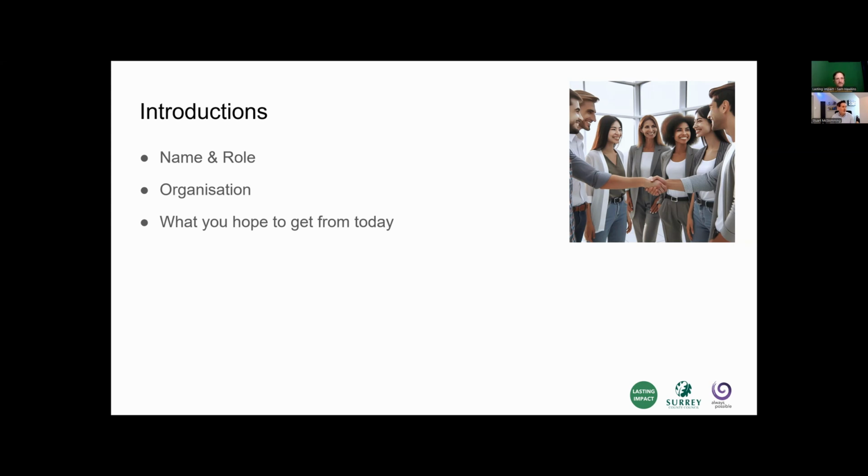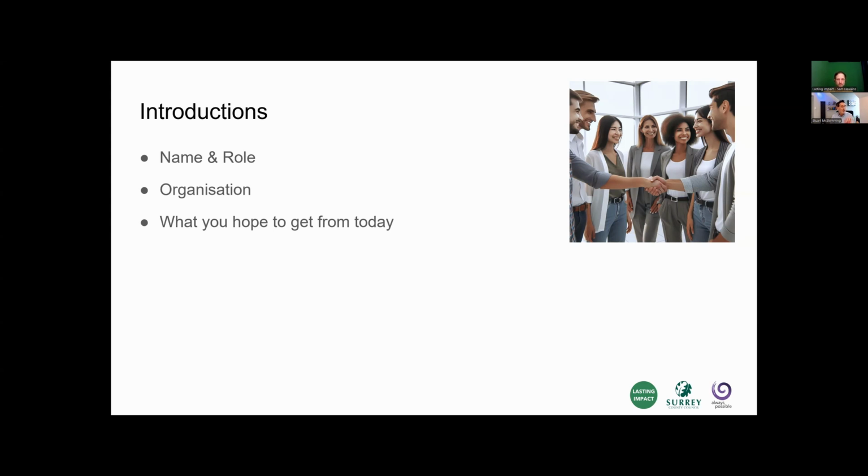I've very much pitched this at the smaller organizations. And I've pitched it not at the IT people specifically, but at people within the organization who have a good understanding of what their organization does and what it is trying to achieve, and may well be coming to this with a lot less IT knowledge, or perhaps no IT knowledge. So that's what we're hoping to cover today.